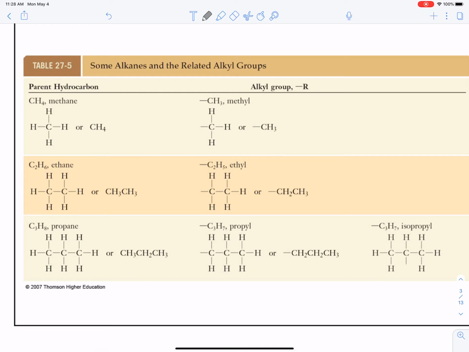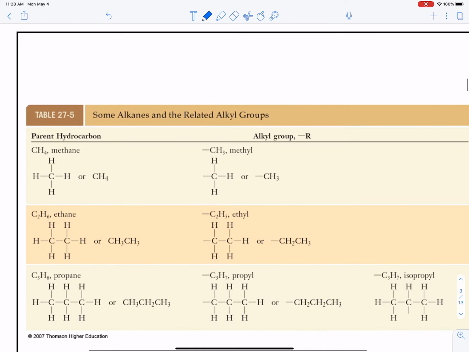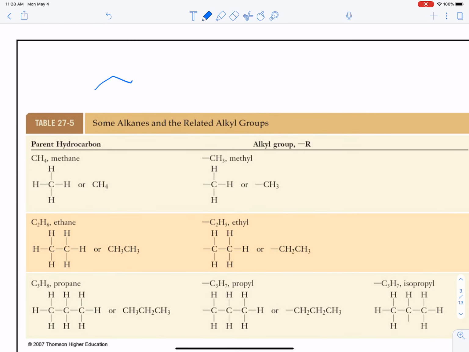Now, remember I said that you can draw these different isomers, right? So one of those that I drew earlier, let's say we had pentane.